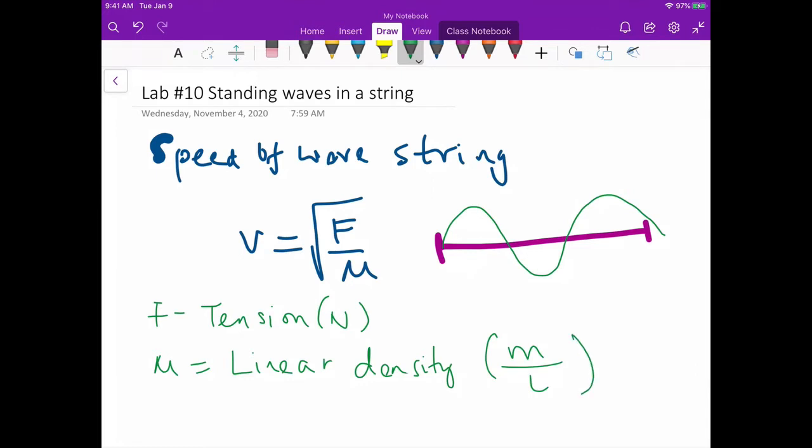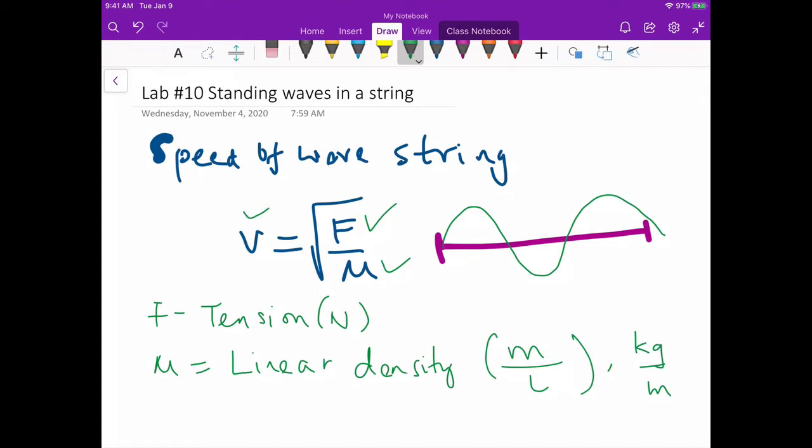That is mass over length, measured in kilograms per meter. So if we can measure F and mu, the linear density, we can determine the speed.